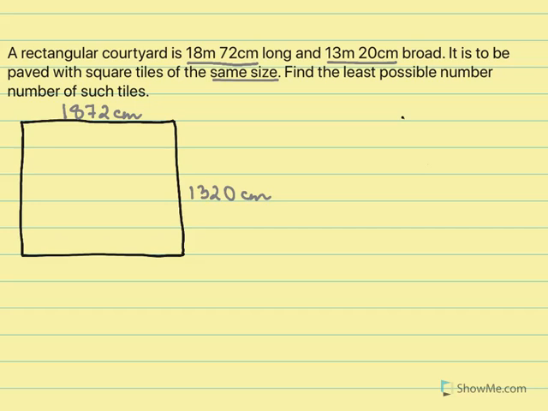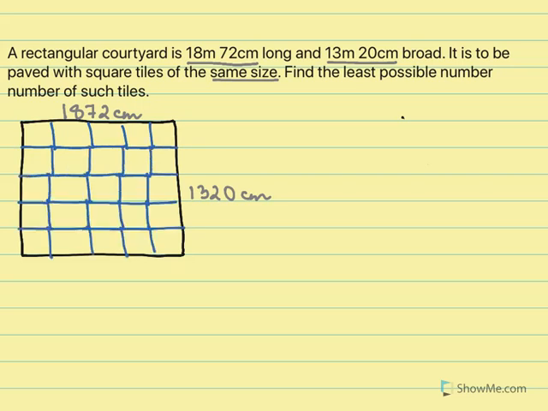Now this is to be paved with tiles. We're going to put tiles here. Now let the side of the tile be x. So here you'll have x, x, x, x, x. You'll definitely agree x has to be a factor of 1320.